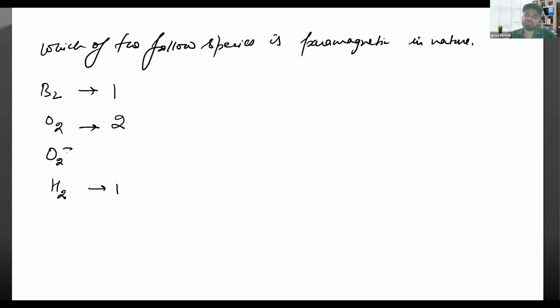I am not representing the s orbital electrons here, I'm representing only the p orbital electrons.